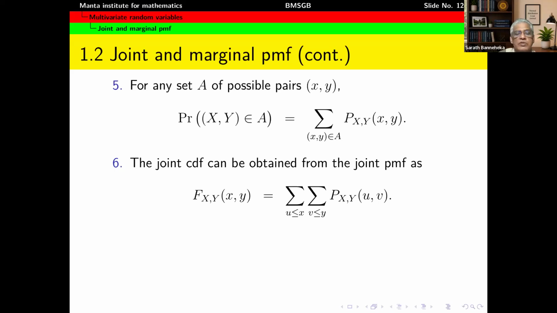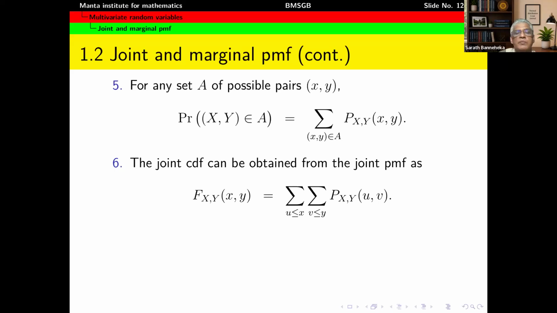And then, of course, you can get the joint cumulative probability function by adding the joint probability mass function for all uv values such that u is less than or equal to x here and v is less than or equal to y. Because this is the probability that capital X is less than or equal to simple x and capital Y is less than or equal to simple y.